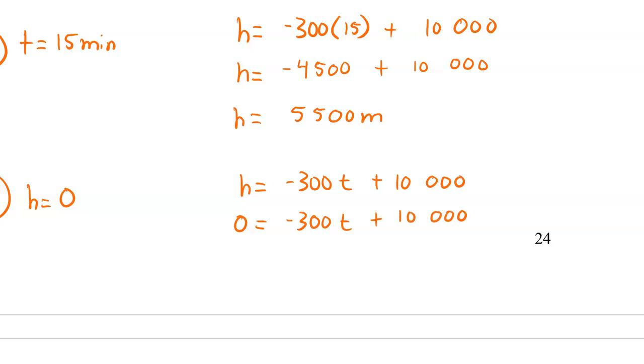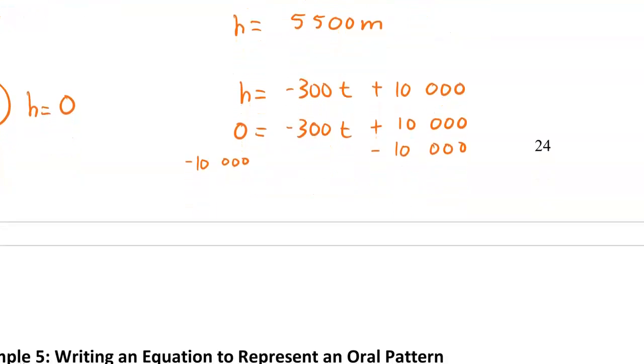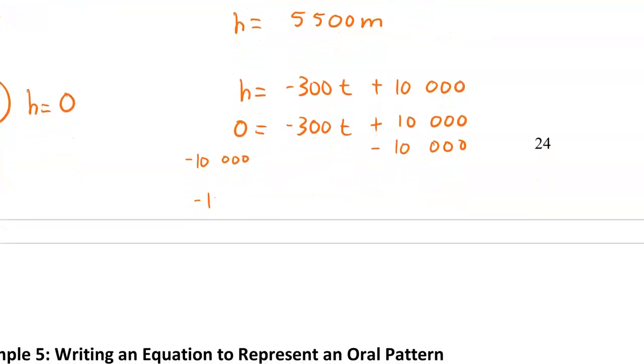Now we have to manipulate this equation. So we have to bring over the 10,000, which you have to do the opposite. So subtract 10,000. What you do to one side, you have to do to the other. So you have negative 10,000 equals negative 300 T. Well, we have to get this negative 300 off of the T. Do the opposite of multiply, which is divide.